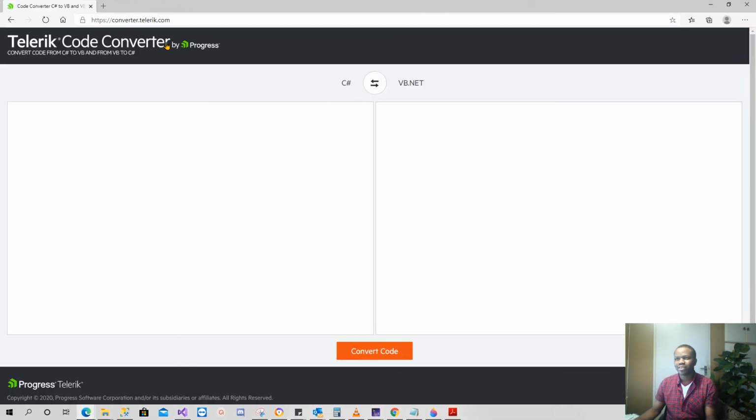Okay, so here's an online translator. It's by a company called Telerik. Telerik allows you to put your C# code here and get VB.NET code. So it means that language is really not a problem. In fact, most of my honors students and master's students in previous years have been able to build what I call special purpose compilers that do things like this, like translation of language from one programming language to another programming language, or from graphical specification to a language, from a drawing to an SQL, things like that.